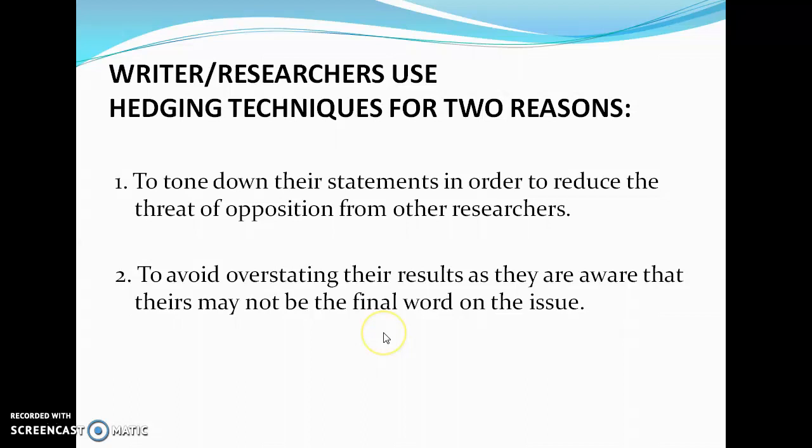Another one is that writers cannot be completely the last researcher in the field. This means that research totally continues, and there may be other findings, and in that case the writers can use hedging language.